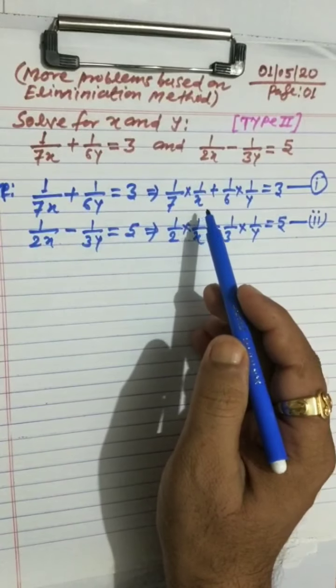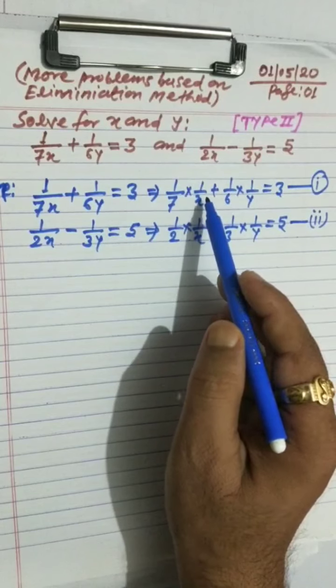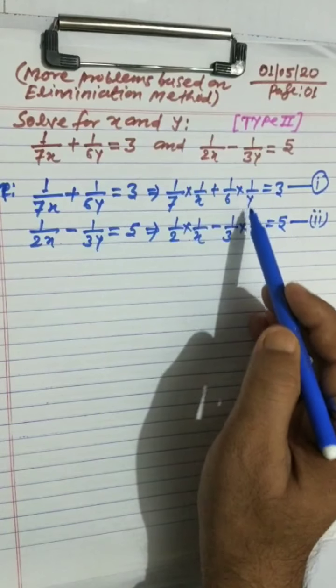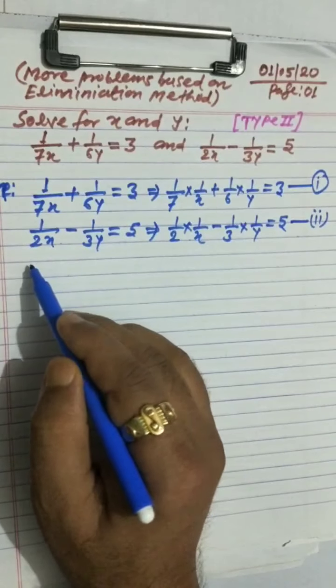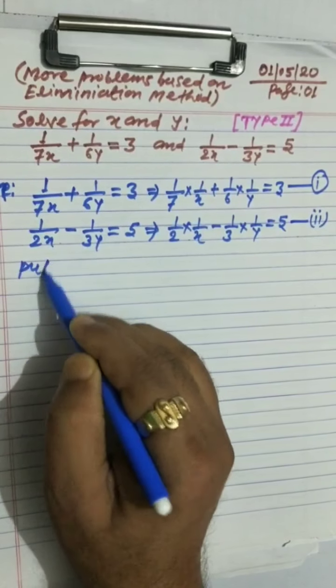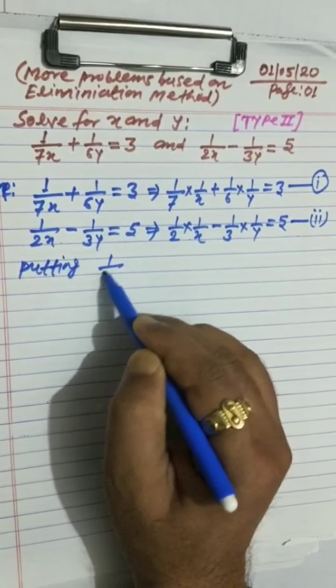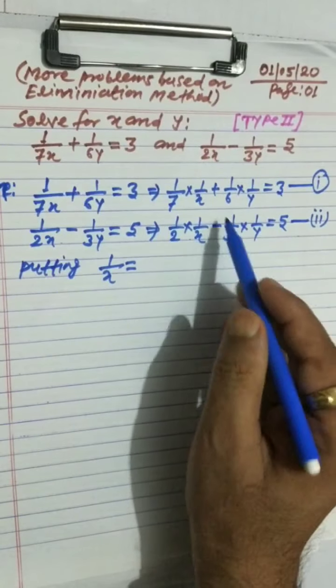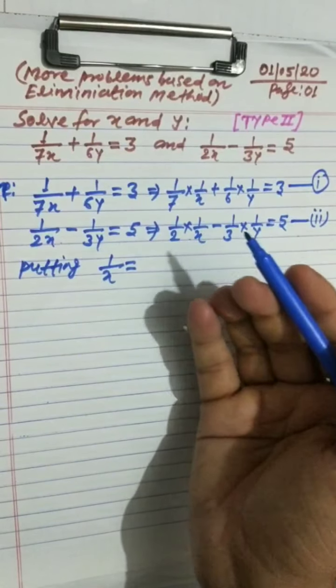Now in this type of questions we put 1 by x and 1 by y as another variable. Let us suppose or put 1 by x is equal to u or a or b.